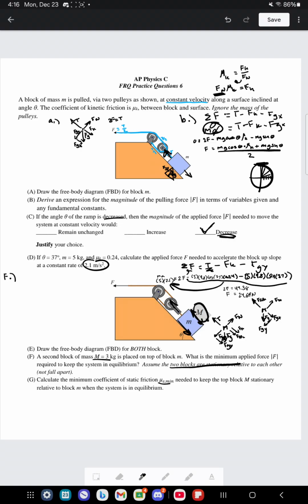Let's see. Net force, MA, equals 8 times the acceleration of 0, because it's in equilibrium, so it's not moving, and equals the tension, which is 2F, minus the F of K of both blocks combined.